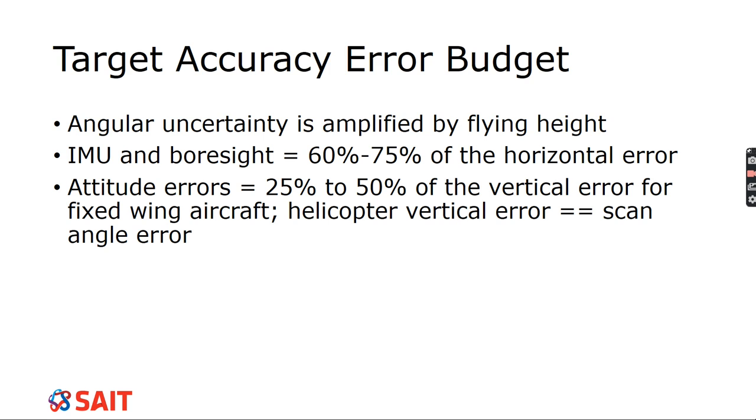The software will do that for you, and you'll be able to get that information. So there are a lot of errors, but the bulk majority of them are dealt with through the IMU, the bore sight, and yaw, pitch, and roll, which the attitude errors all tie back to the IMU. So the IMU can cause a lot of problems.